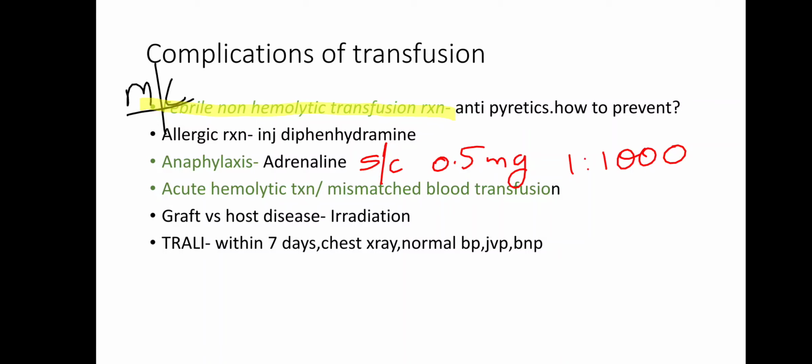Before that, acute hemolytic reaction or mismatched blood transfusion. It is because of the hemolysis that is happening. If you are giving A blood group to a recipient with B blood group, there will be hemolysis. So it is an error.